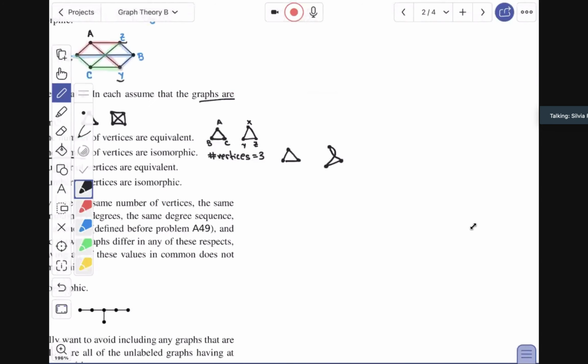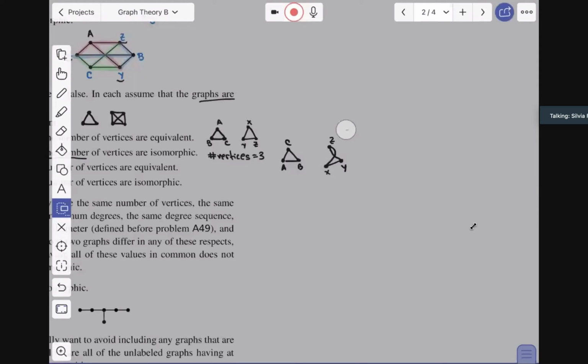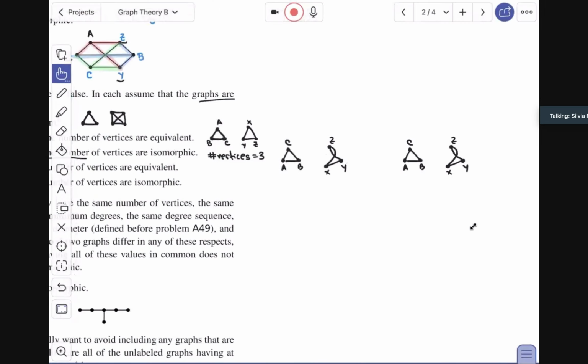You see, even if they tell me this is ABC and this is XYZ, when I'm trying to prove that they're isomorphic, it's okay for me to remove the labels and then relabel in any way I want.